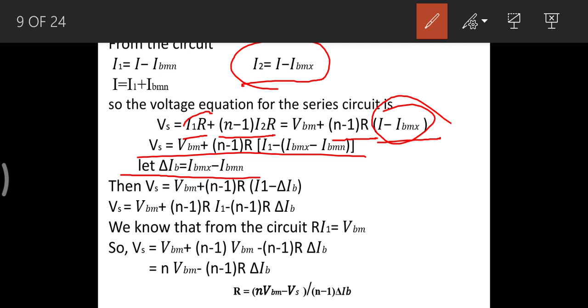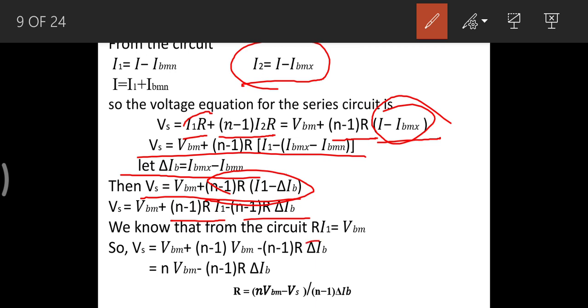Then we can simply write Vs as VBM plus n minus 1 into R into I1 minus delta IB. Again multiplying with the bracket elements, that means n minus 1 into R into I1 minus n minus 1 into R into delta IB.